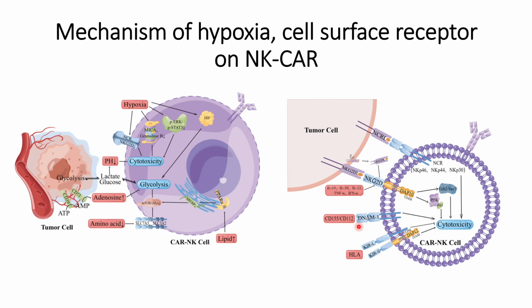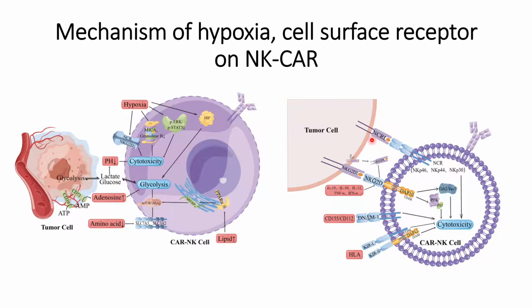At the same time, DNAM1 can interact with ligands usually expressed on the tumor, such as CD155 and CD112, which also contributes to increased cytotoxicity. HLA interacts with the KIR receptors, which triggers ITAM and DAP12 activation, and we know that ITAM also increases the immune response against the tumor cells.